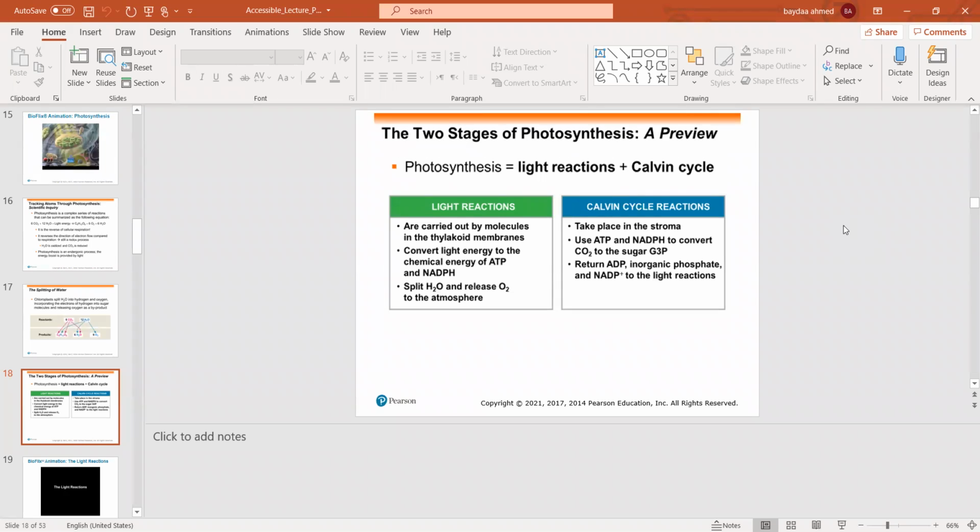Photosynthesis is not a single process, but two processes, each of which has multiple steps.